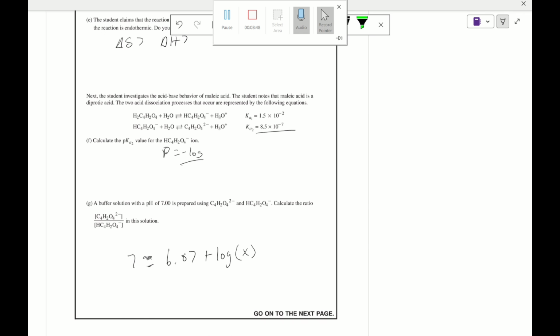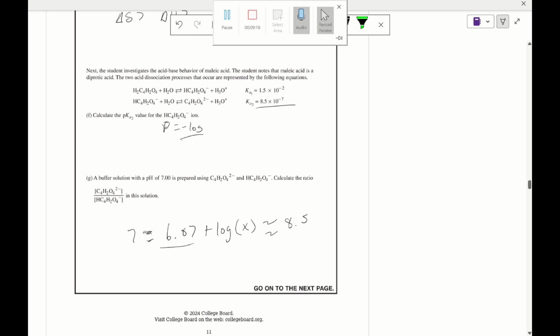We'll just say x is our ratio. So 7 minus the pKa, which is 6.07, and then you do 10 raised to whatever number you got. You get about 8.5 if you use this number, or if you use sig figs back here, you get 7.9.